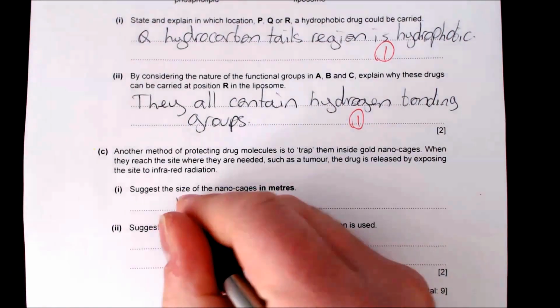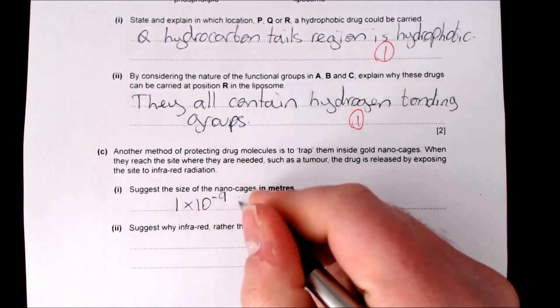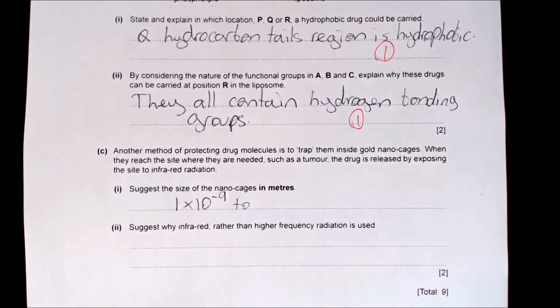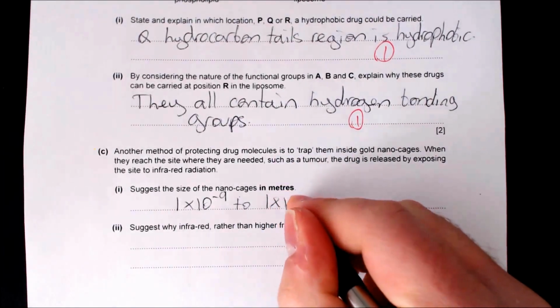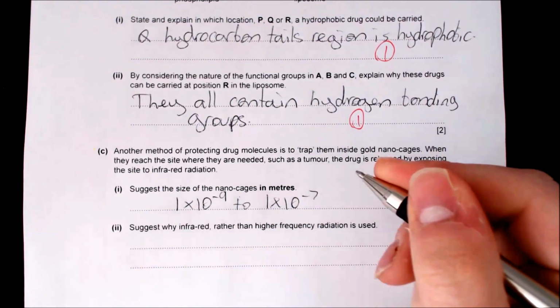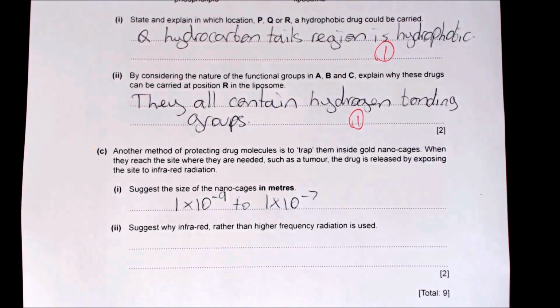This is the size of it. Although you could technically go down to 1 × 10⁻⁷, anywhere around there is technically classed as nano scale. So yeah, you just got to remember them numbers, and obviously that would get you a mark as well. Let's write that in there.